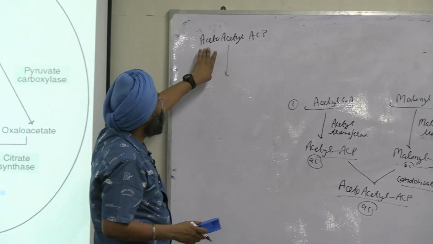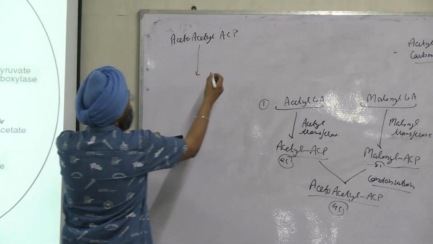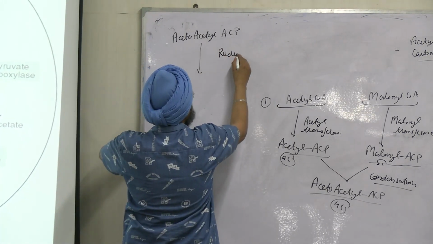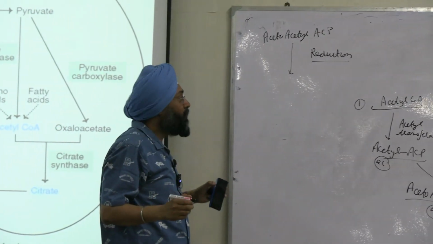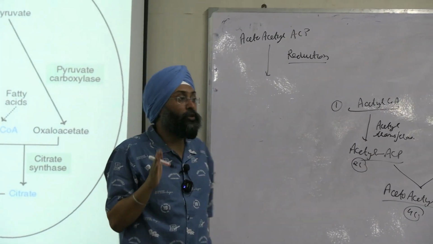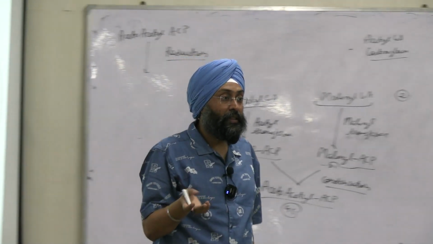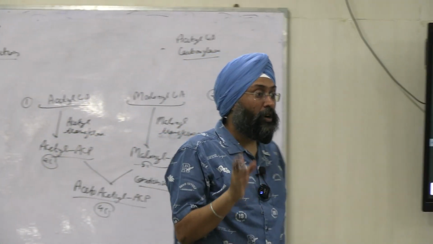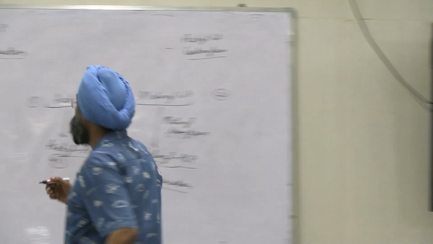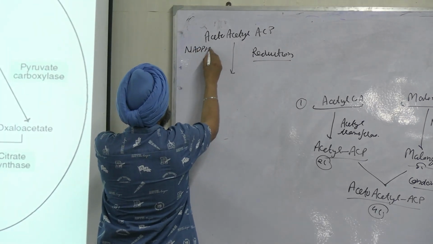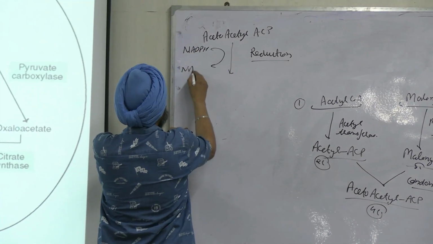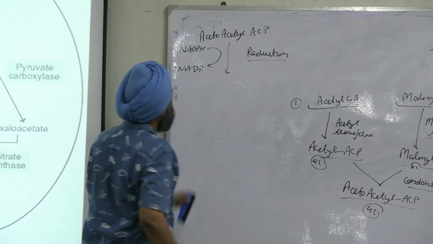And from there we have a reduction reaction, right? Reduction is going on, and for reduction we use the reducing equivalent NADPH. We got it from the HMP shunt, right? So we'll add NADPH and it is converted to NADP, right?